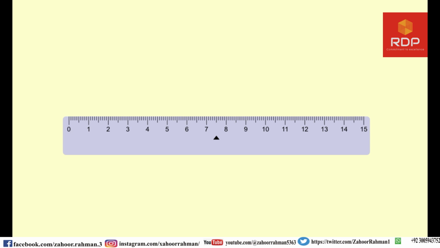So let's draw first 9 centimeter of line, and that is AB. So let me draw a line of 9 centimeter which is still here. Let me label it A and then B, and also write it 9 centimeter.